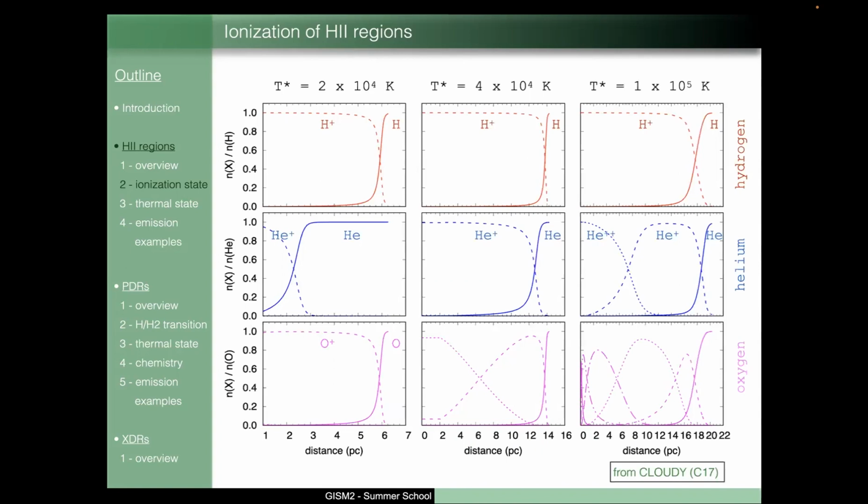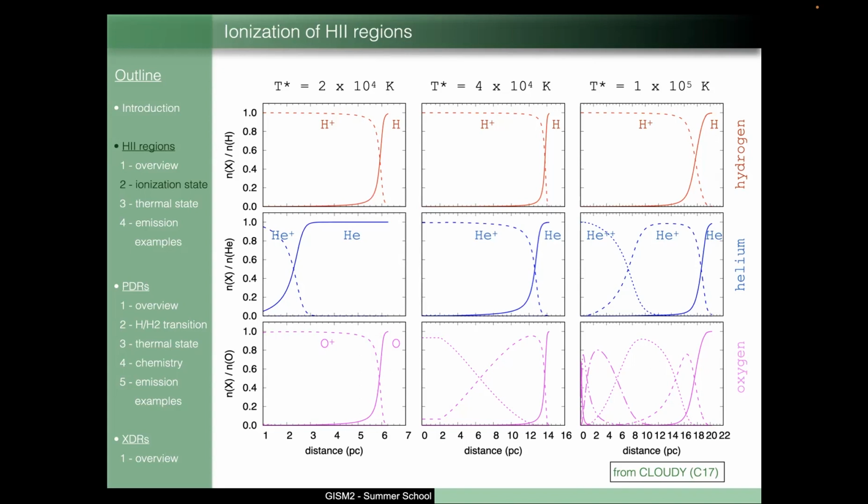And this is what I'm showing also in this last figure here, which shows the ionization fraction of oxygen for different blackbody temperatures. What we see is that at small blackbody temperature, we only have O+. And as the blackbody temperature increases, we start to form O in different ionization stages.